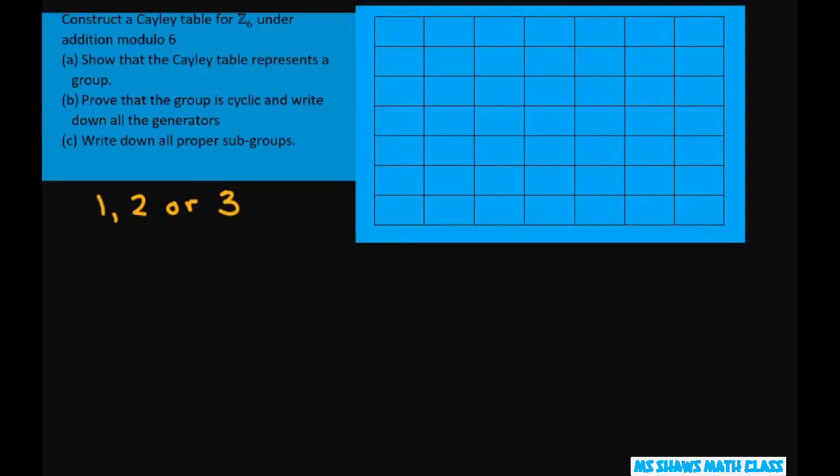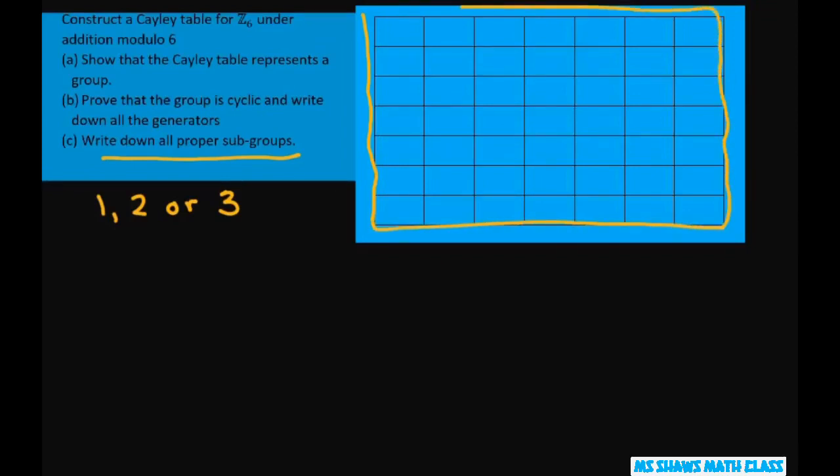Of course, this whole table is a subgroup, but it's not a proper subgroup. So let's see how many we have. By Lagrange's theorem, the orders of the proper subgroups are the factors of 6, which are 1, 2, and 3.